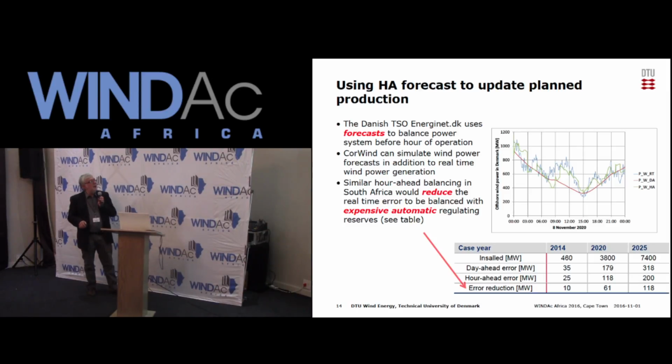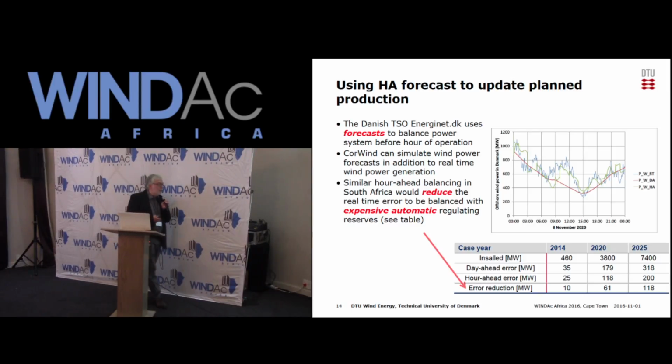We have expanded the fluctuations simulation here in Core Wind with simulations of forecasts, and that's actually also to look at how much is the imbalance at the different times, and also what is the value of doing this balancing before the hour of operation.